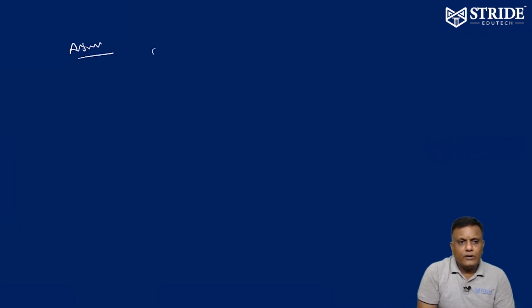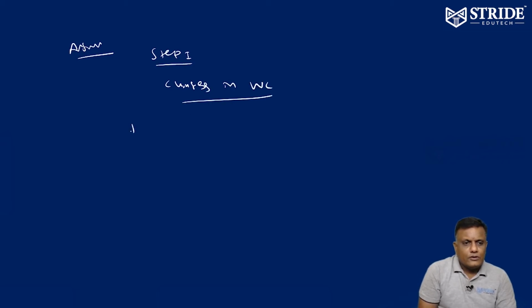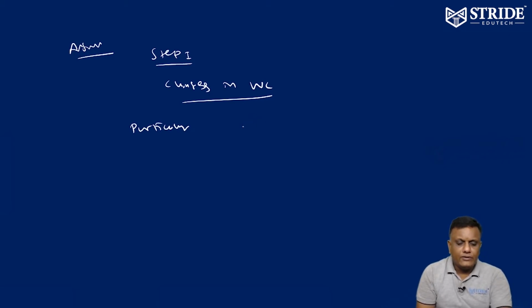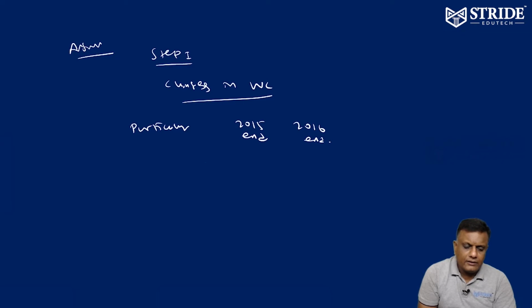So first, step 1, always step 1, changes in working capital. Particulars: opening is 31/3 of 2015, and closing is the end of 2016, so the end of 2015 and 2016 are given. First, current assets.